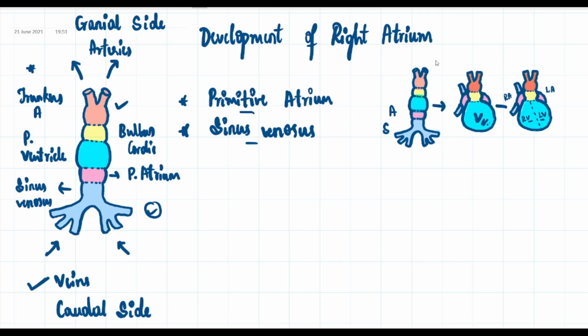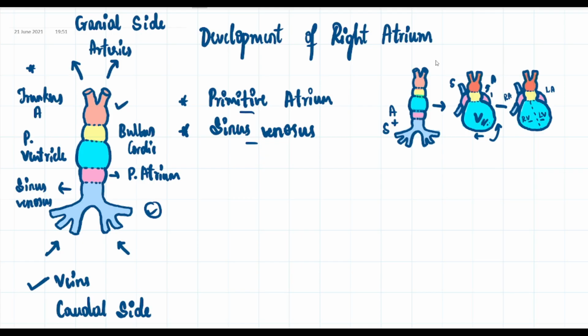You can see here this whole part, that is atrium and sinus venosus, will go above, behind and to the right side. This is the atrium, this is the sinus venosus. You are thinking I have written only two, right? I will tell you later that most of the sinus venosus branches will regress, and the atrium divides into right and left atrium.